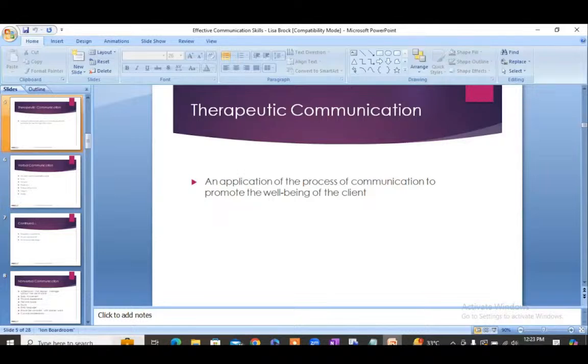It involves using techniques such as active listening, empathy, and open-ended questions to help clients express their feelings, understand their concerns and work towards their goals.